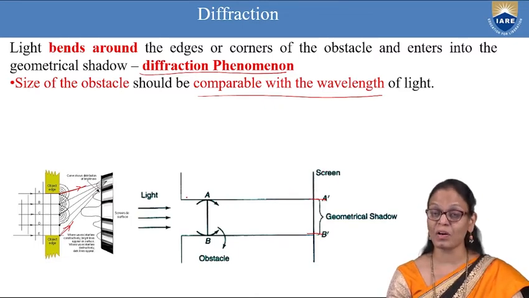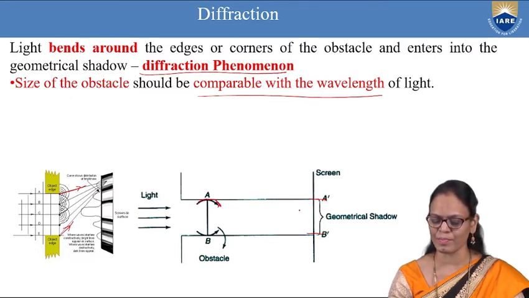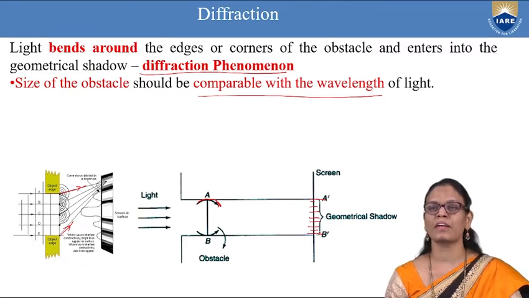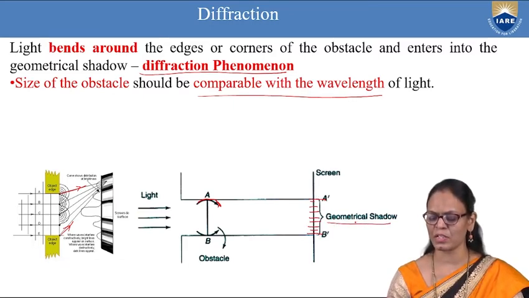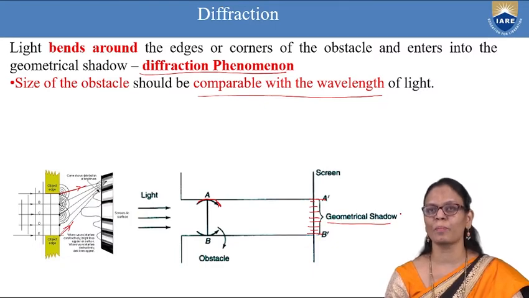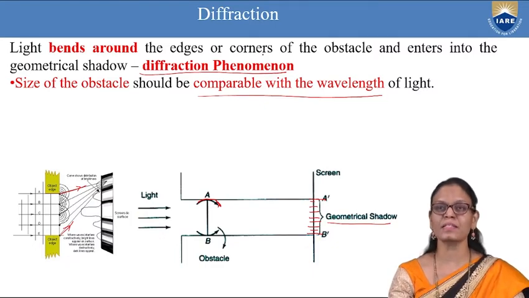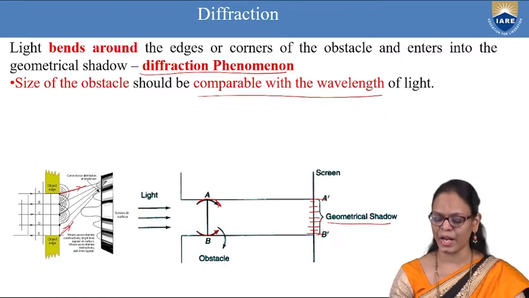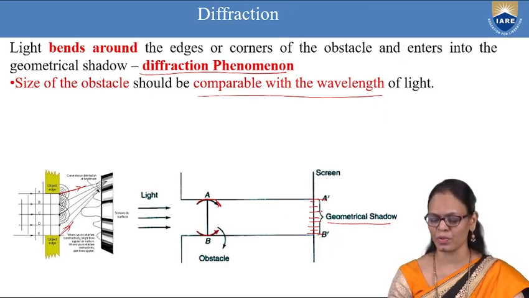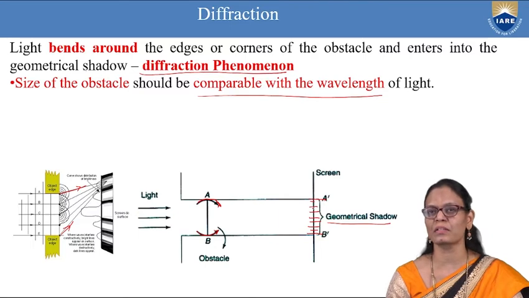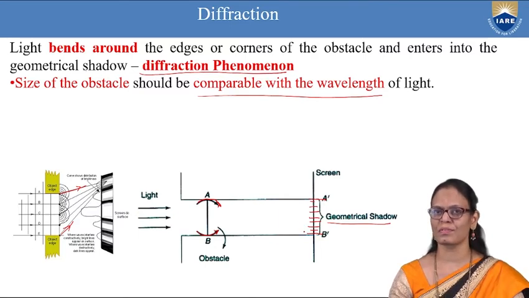But here, because of the bending of the light around the corners of the obstacle, you will see a diffraction pattern which will enter into the geometrical shadow. So light bends around the corners of the obstacles and enters the geometrical shadow. This is the meaning. So at the corners of the obstacle, the light will bend and it is entering the geometrical shadow, and you will have the diffraction pattern here in this region also.